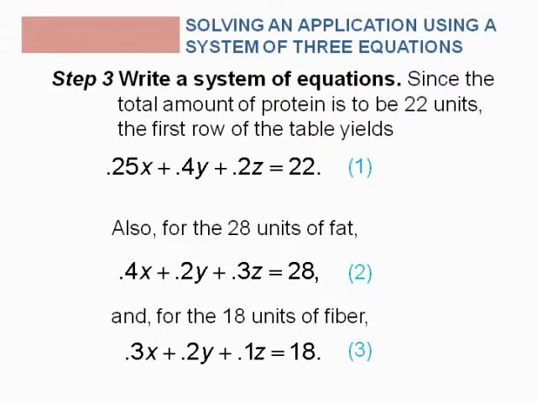From our table, here are our 3 equations: 0.25x plus 0.4y plus 0.2z is 22. The 28 units of fat give us 0.4x plus 0.2y plus 0.3z equals 28. And for the 18 units of fiber, we get 0.3x plus 0.2y plus 0.1z equals 18.